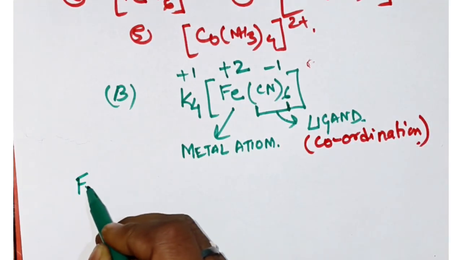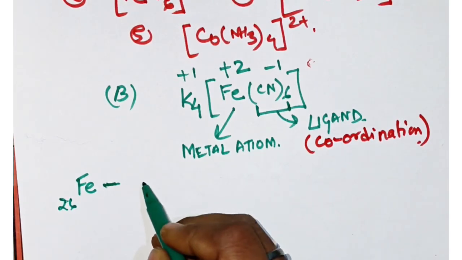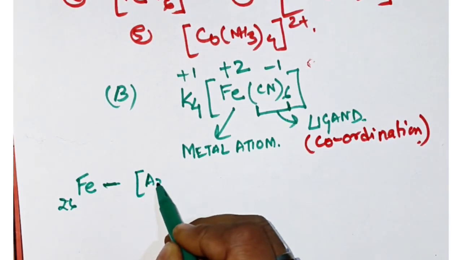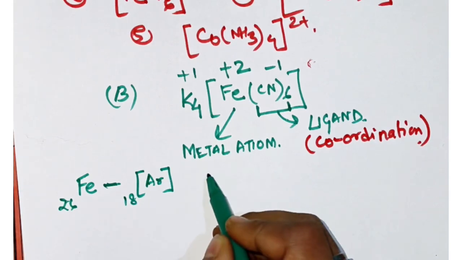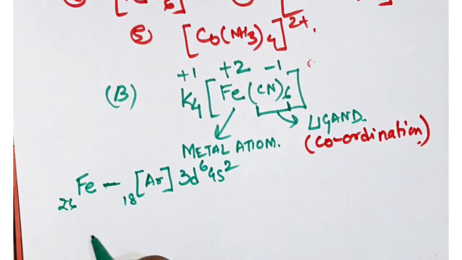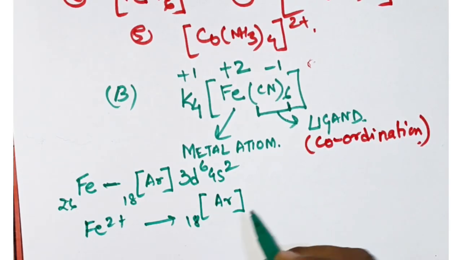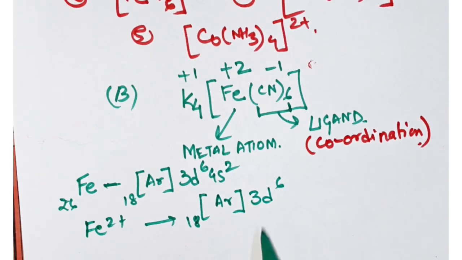Now iron, we know, has atomic number 26. Its electronic configuration is argon 4s2 3d6. So Fe2+ means argon 3d6 only, because 2 electrons have gone, so it is 2+.